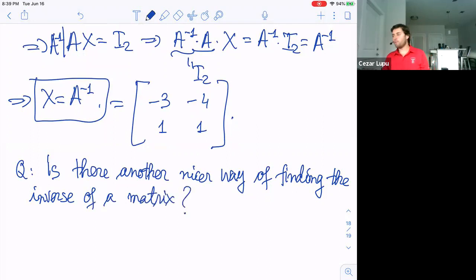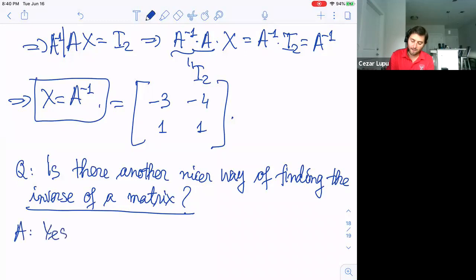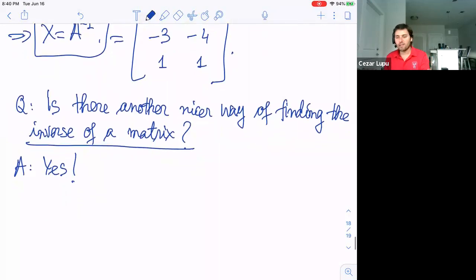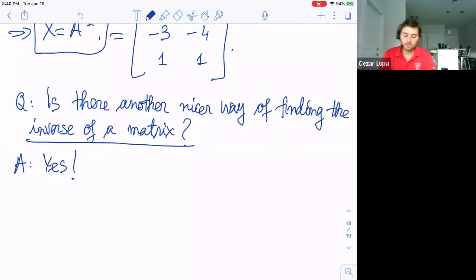And well, since we've talked about the augmented matrices, coefficient matrix, row echelon form, why not apply it in this case as well? So let me describe the procedure. So the answer is yes. The short answer, yes, definitely. And let me describe how to find the inverse of a matrix. So the procedure is the following.